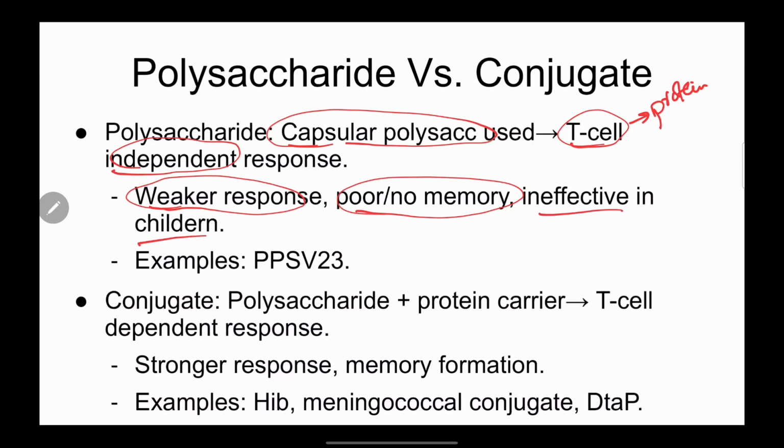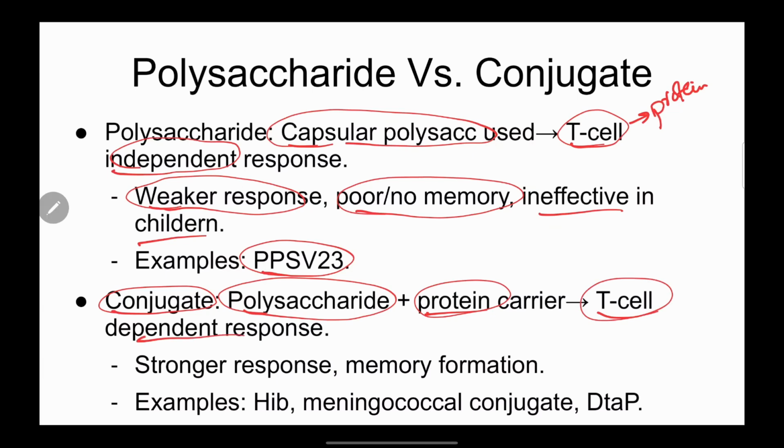One example is PPSV23, which is basically for strep pneumo, so Streptococcus pneumoniae. Conjugate, on the other hand, uses the polysaccharide portion plus an added protein part. Why? Because the protein is responsible for the T cell dependent response. So if you have a protein structure, the T cell is going to recognize it and mount a stronger immune response.